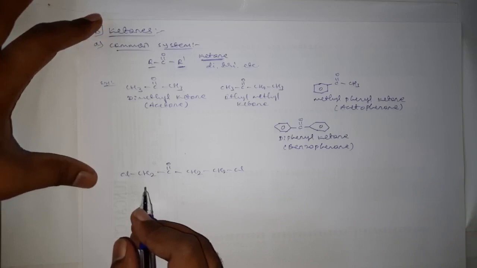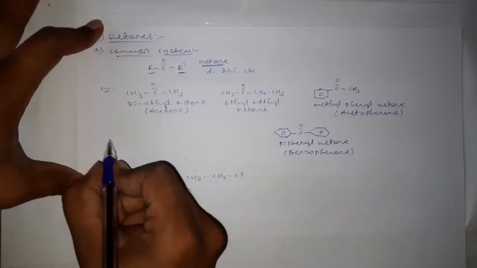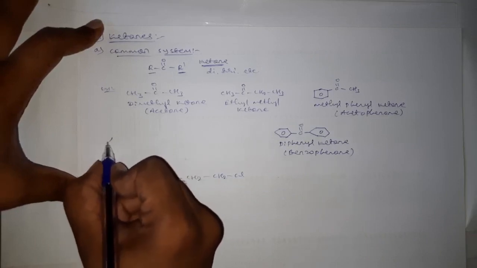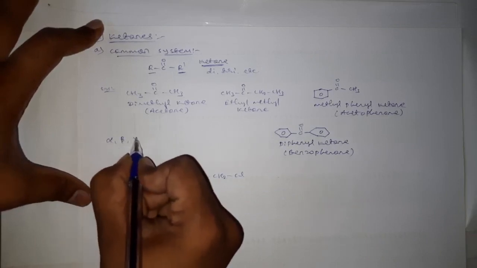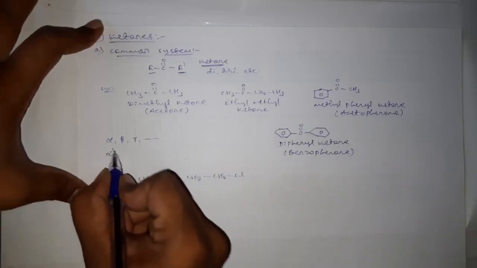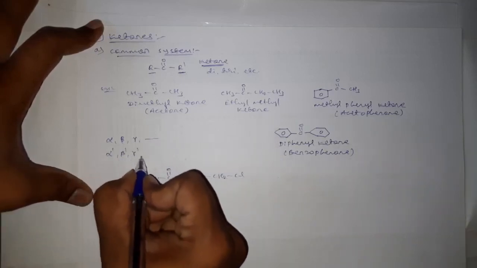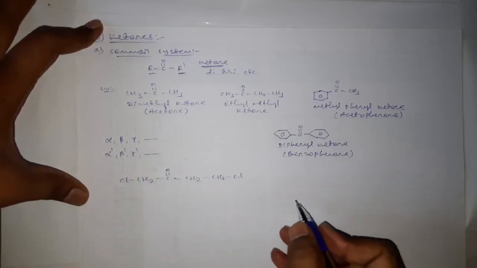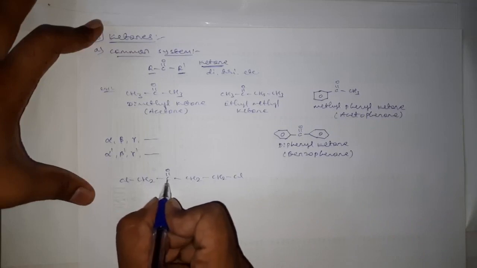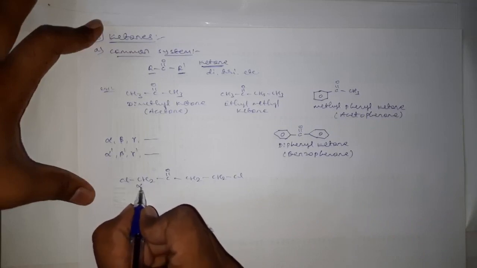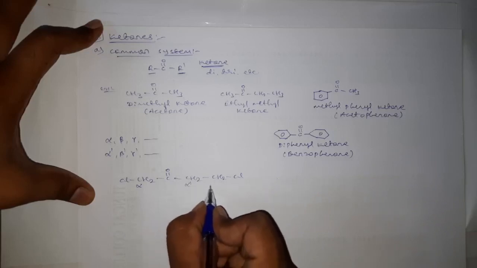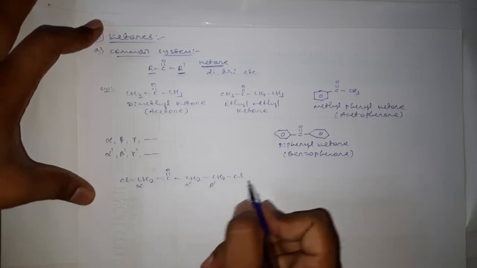And there, if substituents are there, then we have to use Greek letters like alpha, beta, gamma, etc. on one side, and on another side we should use alpha dash, beta dash, gamma dash, delta dash, etc. Okay, see here this is an alpha carbon because it is attached to a carbonyl carbon directly, and therefore it is alpha, and the other side carbon is alpha dash, beta dash, gamma dash, etc.